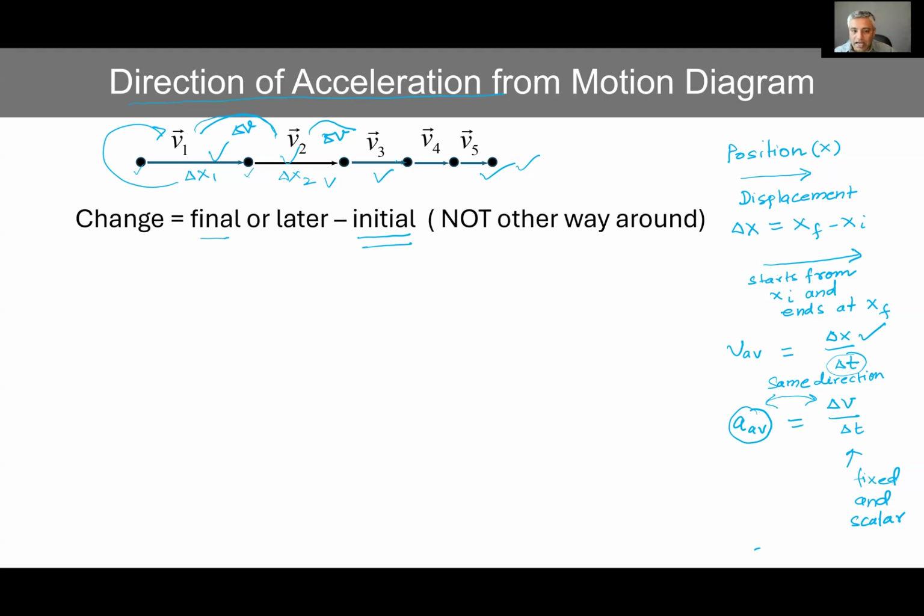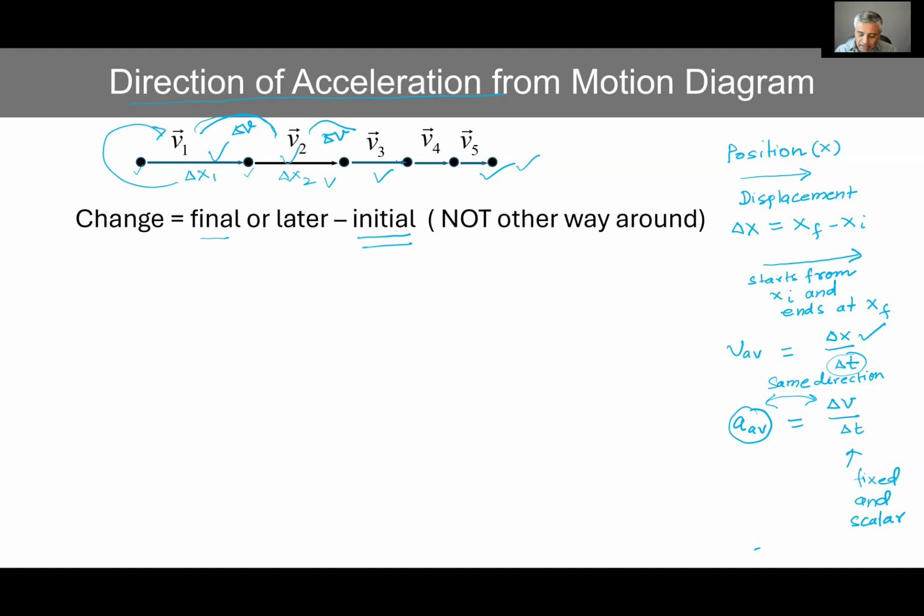We are learning how to draw the change in velocity vector. And why is that important? Because the direction of the change in velocity vector is the same as the direction of acceleration. So that tells us the direction of acceleration. Okay, so that's why it is important.